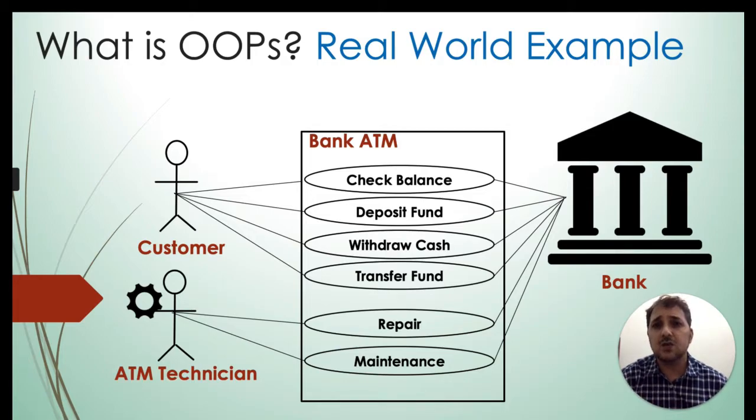So the objective of object-oriented programming is that we need a programming style that covers the real world activities and can really represent what we are doing in our daily life.